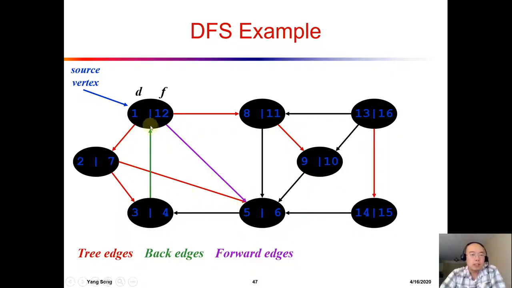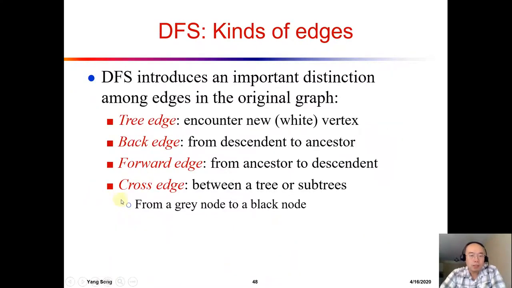So this is the grandparent, parent, and the child. However, there shouldn't be another path from the grandparent directly to the child. So this path is not part of the tree structure either, and that is a forward edge from the ancestor to the descendant. Okay, and the last one is the cross edge.